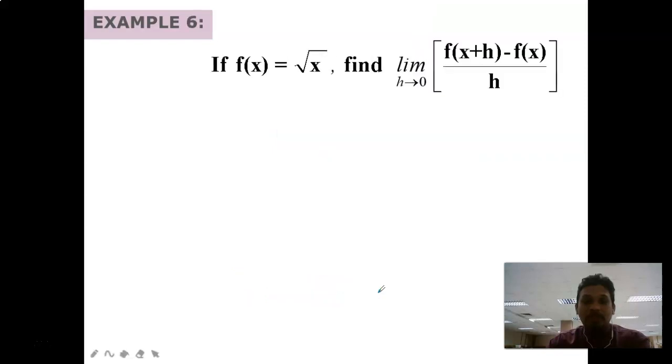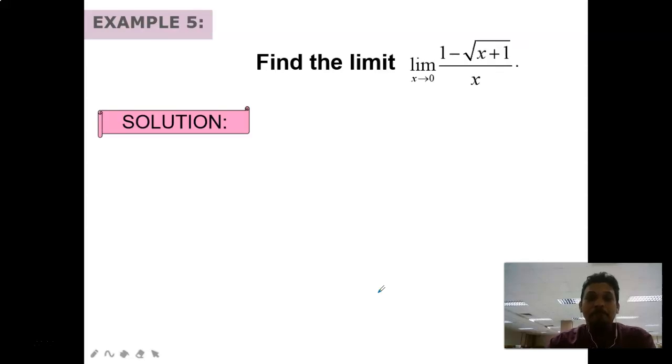Okay, so now find the limit of this one here. So the limit as x approaches 0. If we substitute x equals 0, then something over 0 is undefined. Even here, we substitute with 0, so square root of 1 equals 1, 1 minus 1 equals 0, and also 0.